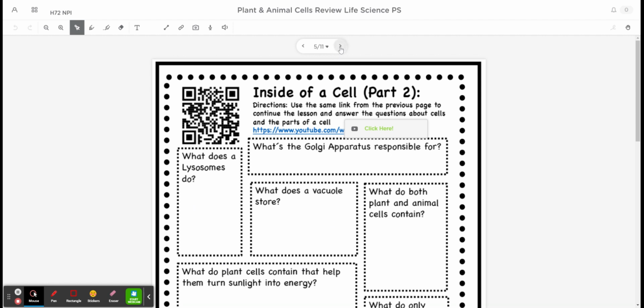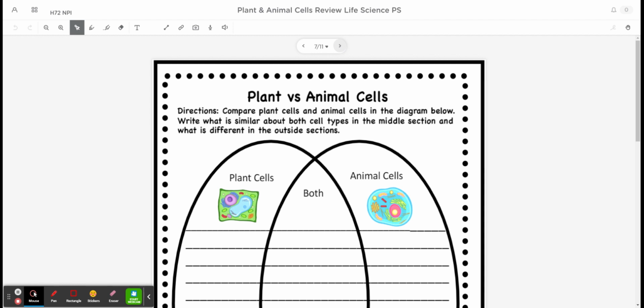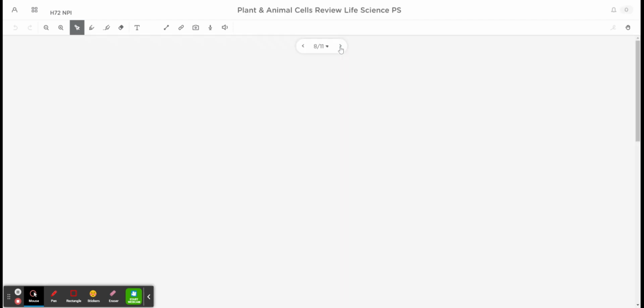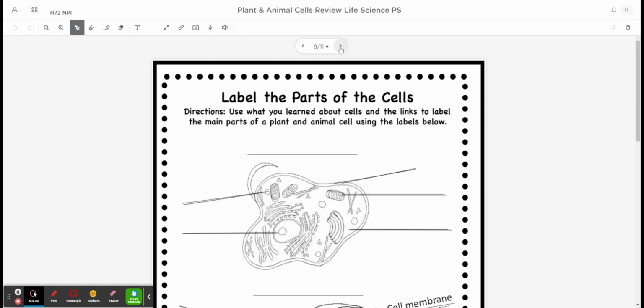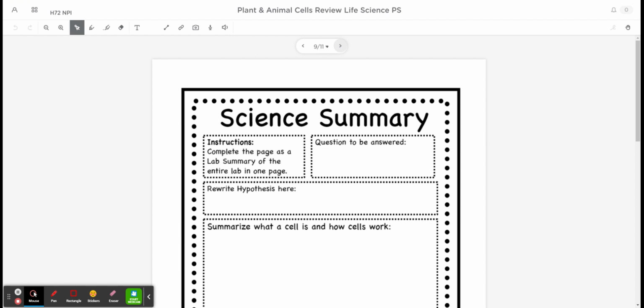After you have completed those 2 pages, we then will have the option. You'll choose one of the following. From page 6, you can choose this one. You can choose to complete page 7, plant versus animal cells. You can choose to complete page 8, or you can choose to complete page 9.